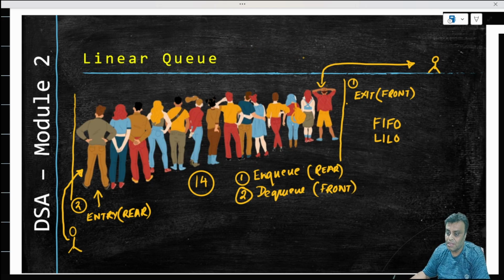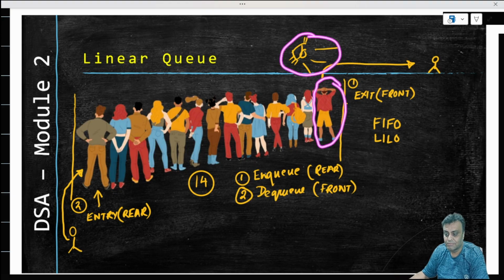Now, instead of enqueue and dequeue, let's say that I am watching this queue. If I'm watching this queue, then I can actually track the first person in the queue. I can see this person in the queue through my eyes, and all I'm doing is seeing this person.